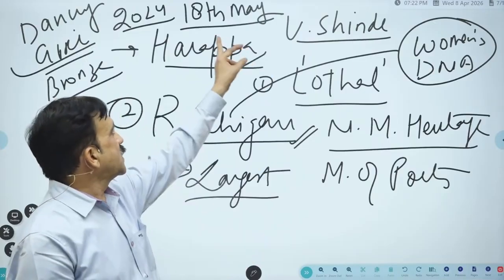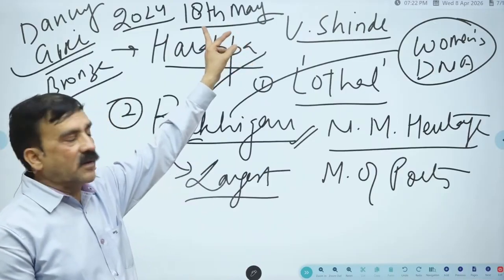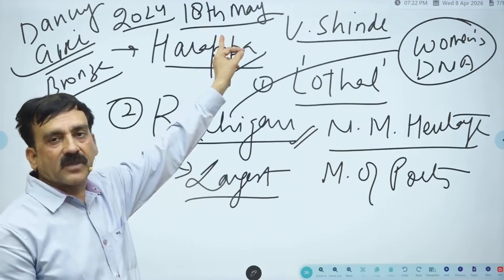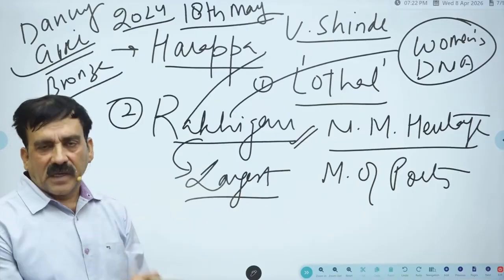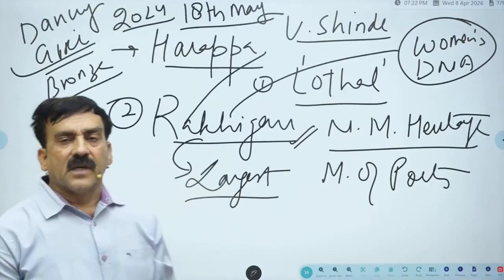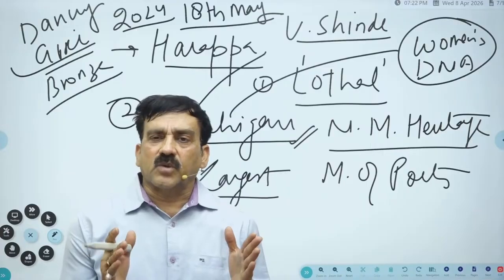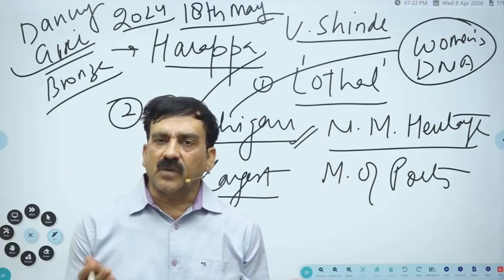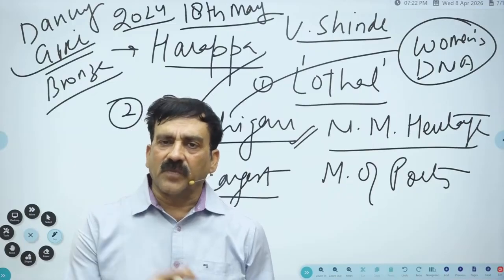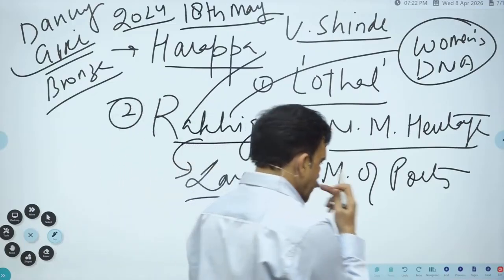Since the day was 18th May, the question couldn't appear in the 24 prelims, but it was in the news basically. I think you got my point. So in this way, try to search out those current historical phenomena which were in the news, and also the static part of it.